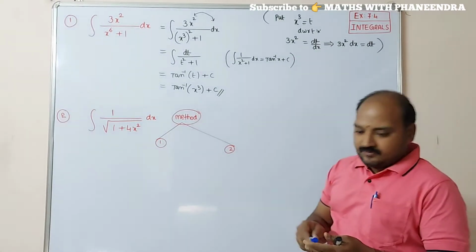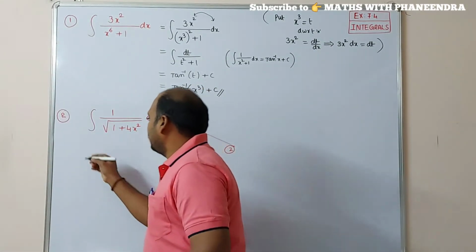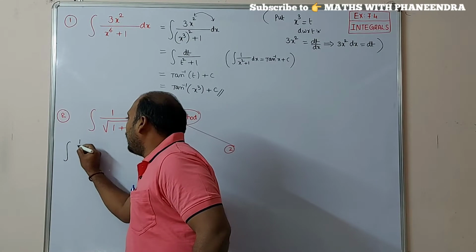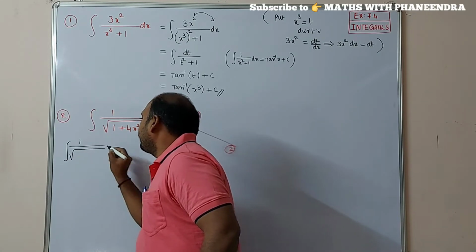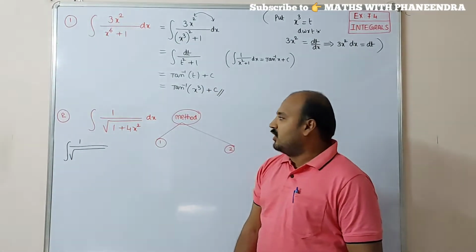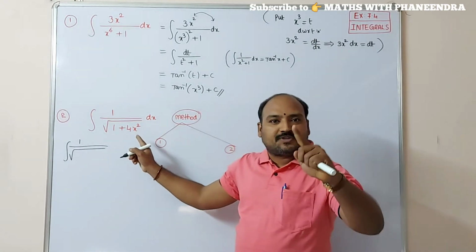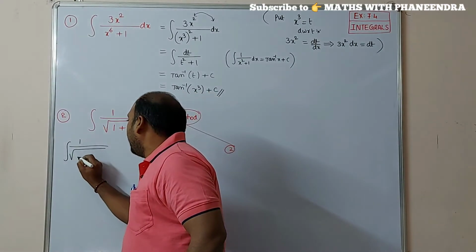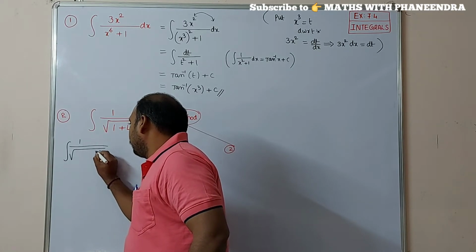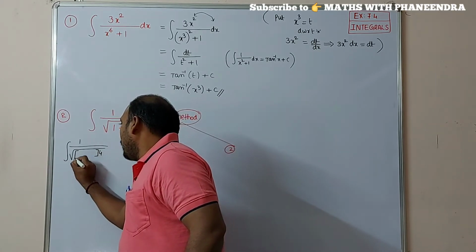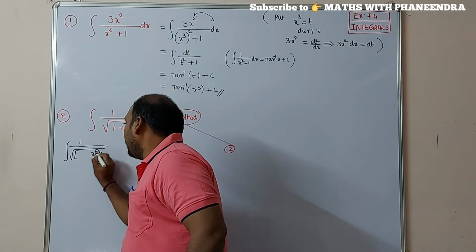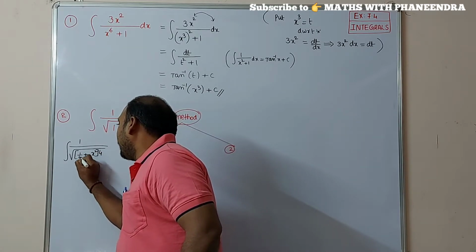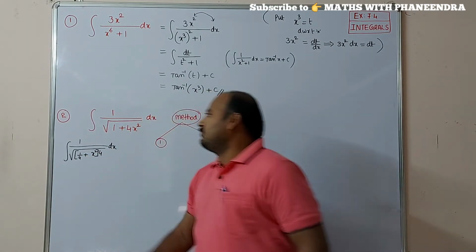So first, method 1: integral 1 by square root of, I want to make the x square coefficient 1 by taking it common. So if you take 4 out common, x square plus 1 by 4 will come now, into dx.